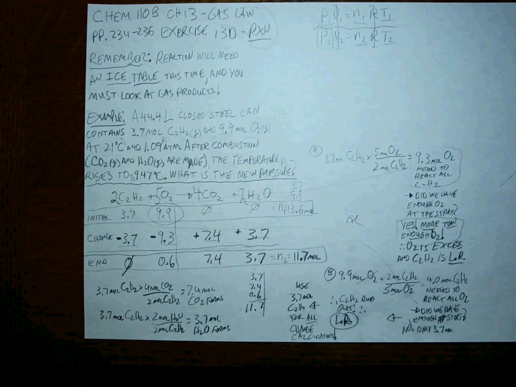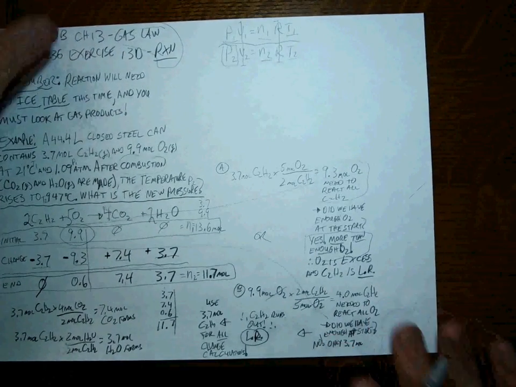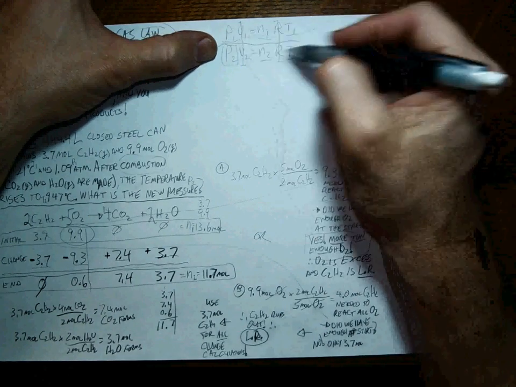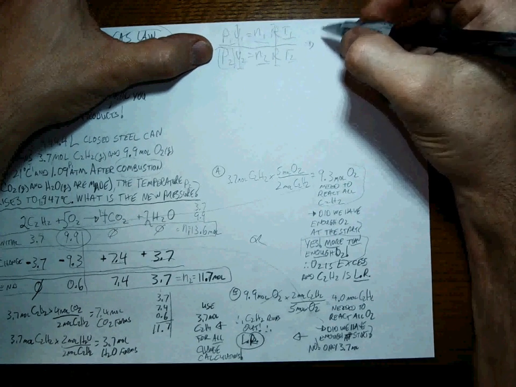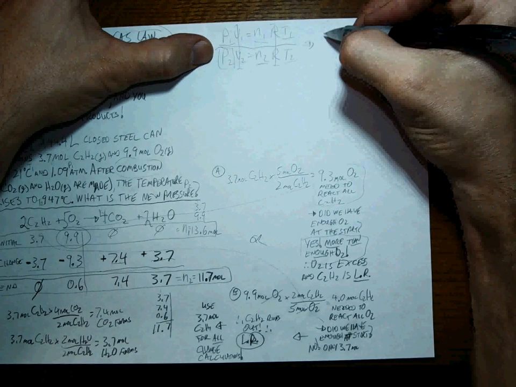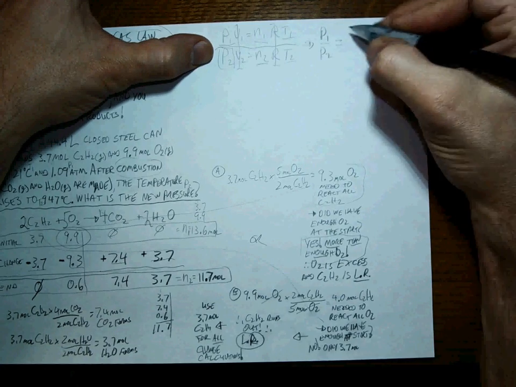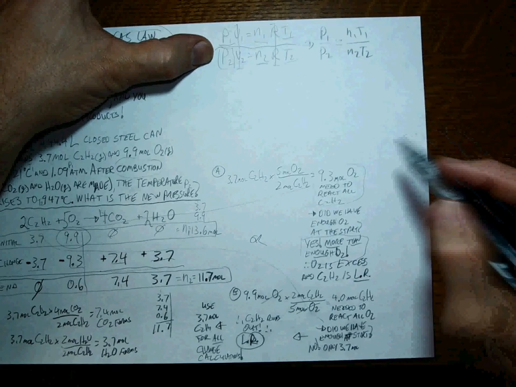Now we know everything, so let's go back and solve. Algebraically, we know, after letting all the crossed-out terms go, that we have P1 over P2 equals N1 T1 over N2 T2, right?